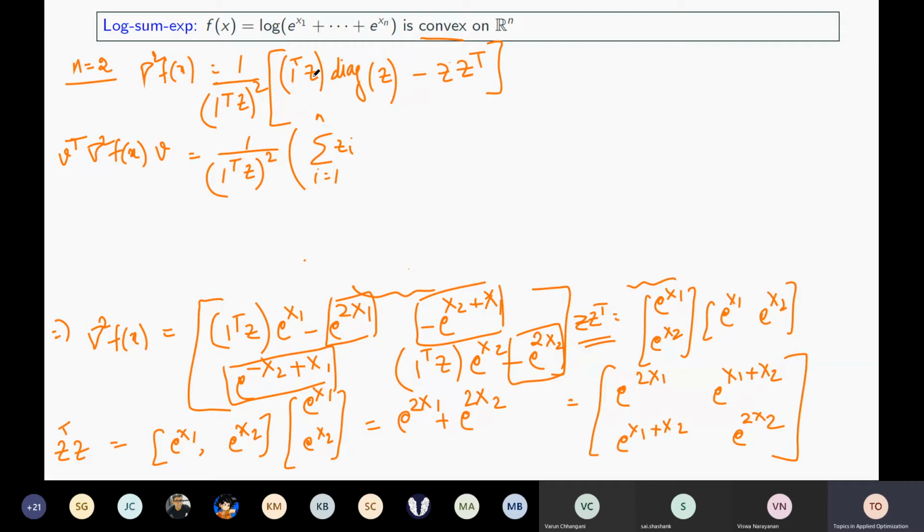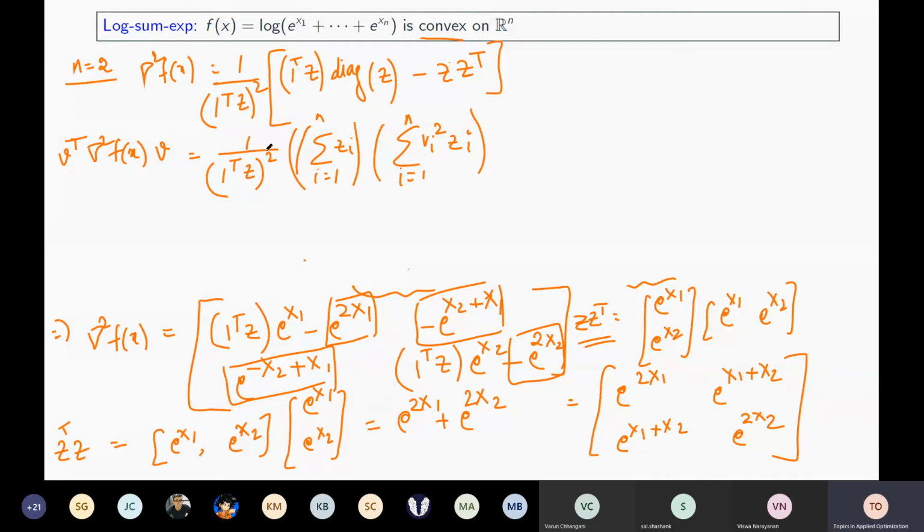So the net effect will be vi square zi. You have v from the left side, v from the right side. So you will have here, in parentheses, vi square zi, i equals 1 to n. This is the effect of v multiplying from the left and v multiplying from the right.